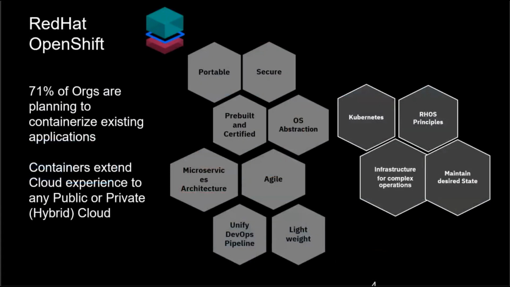The environment itself, I'm not going to spend a lot of time on this, but it sits on Red Hat OpenShift. OpenShift's a tightly integrated stack. You can think of it as infrastructure as a service with an operating system and Kubernetes working in tandem.